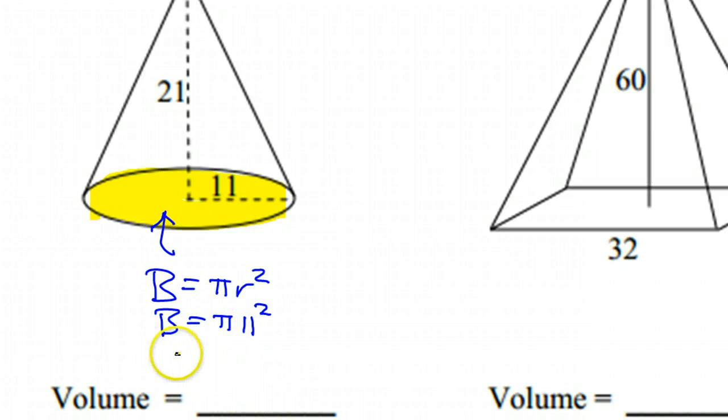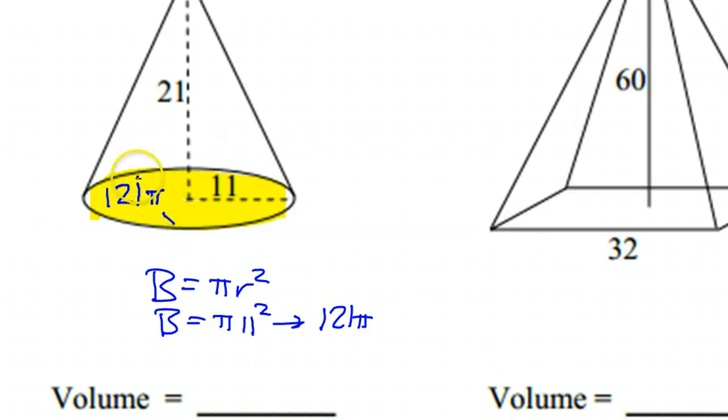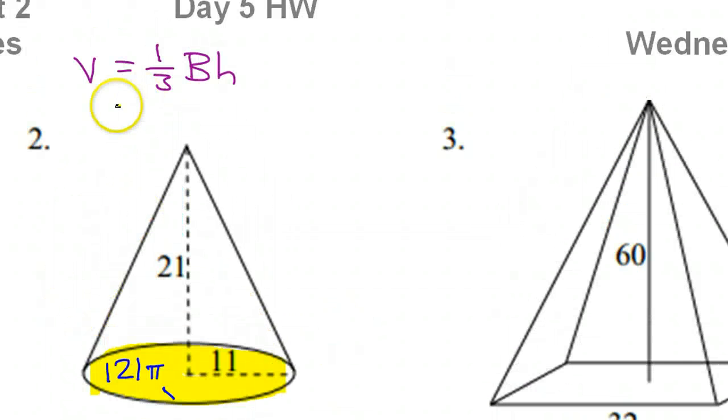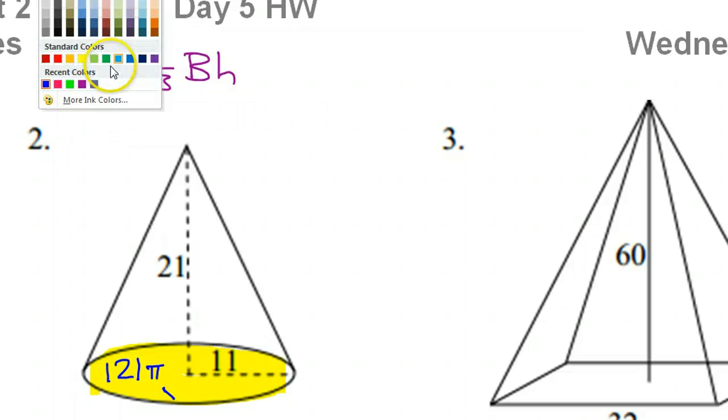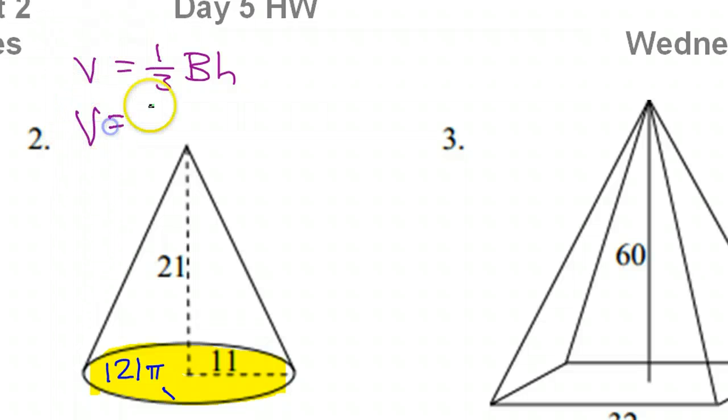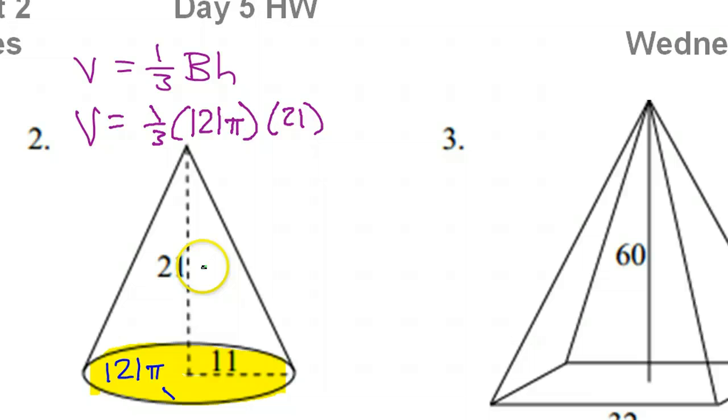Oh, there's a little line for the answer. I didn't see that before. So that's going to be 121 pi. So that is the area of the base here. So when we go to do the formula, that means the volume will be 1/3 times 121 pi, and then the height is 21, as you can see. So times 21.